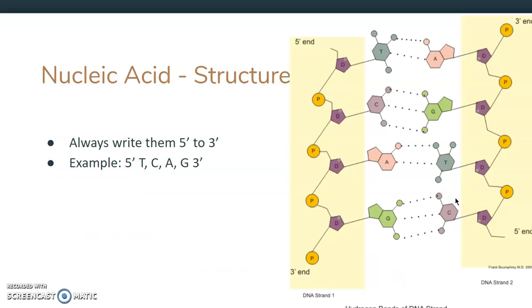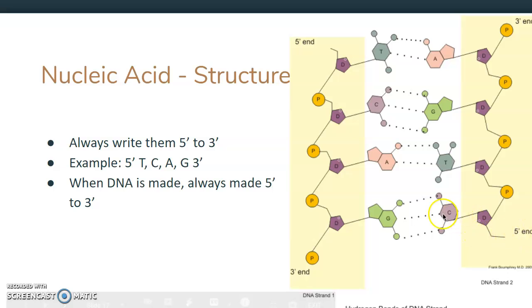So our example is here we have our 5' end, so it'd be T, C, A, G. If we were going to write this other one on the right side, we would start on this end and say C, T, G, A. So that's just a good habit to get into, because otherwise we'll get confused.